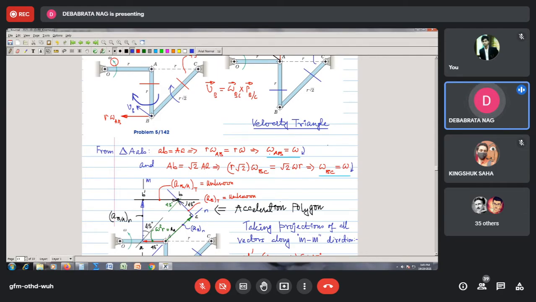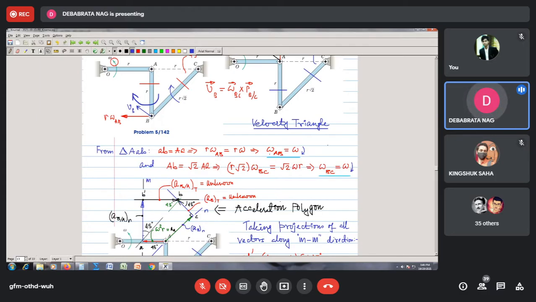So the only acceleration that the point A has is the centripetal acceleration. That means its acceleration will always be directed towards the point O. So let's take the point A as our pole. Pole means from where I am actually starting the diagram. So I take this pole first and calculate how much will be the normal component of acceleration of A relative to O. It will be omega OA square times R, and omega OA is equal to omega, so it is omega square R. So we first draw this red line.